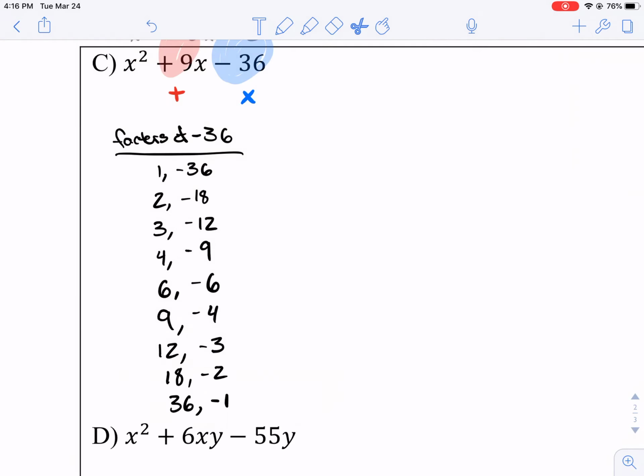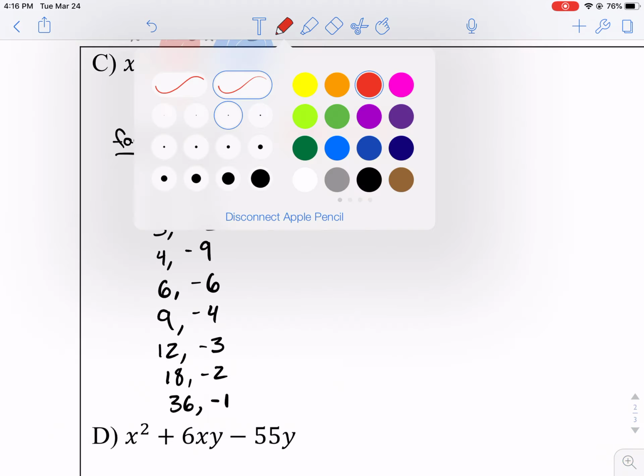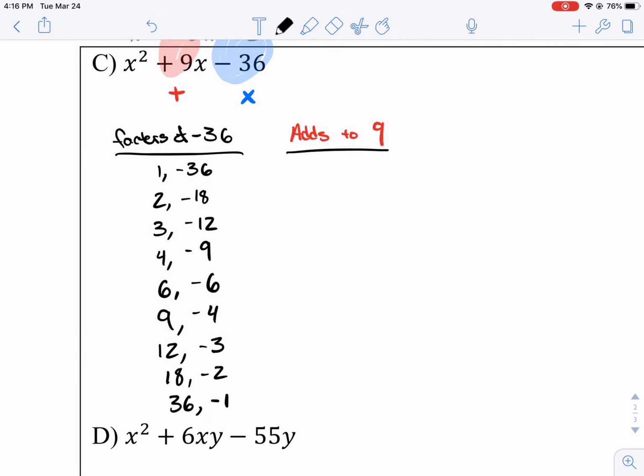Okay, now again, how do we know which factor pair to pick? We want to find the factor pair that adds to a positive 9. Now guys, each of these aren't going to work because the negative is bigger than our positive.